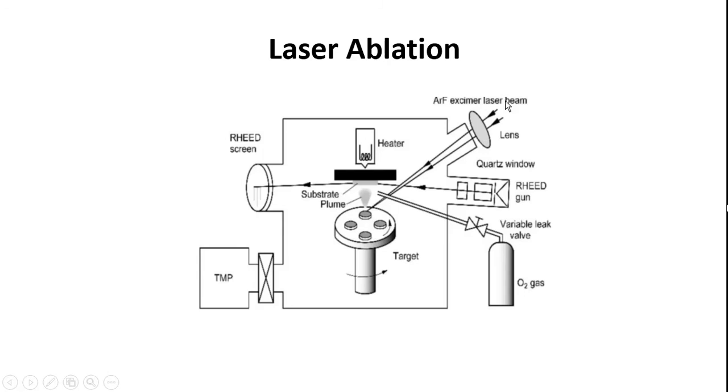Excimer is one among the laser beams which may be used here, and this is the lens provided for concentrating the laser beam upon the target. Here, this target will usually be revolved with the help of a revolving motor. And this is actually a RHEED equipment. That RHEED equipment can show the nanoparticle layers formed here very clearly, and they can be easily characterized with the help of this characterization device.